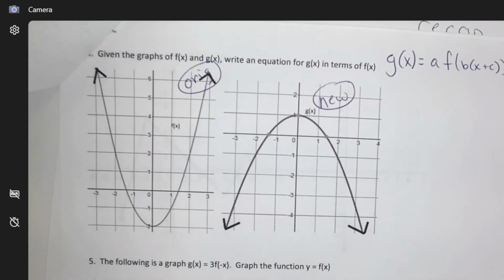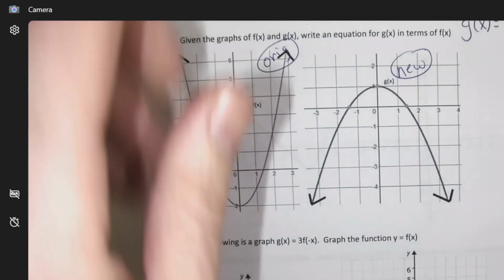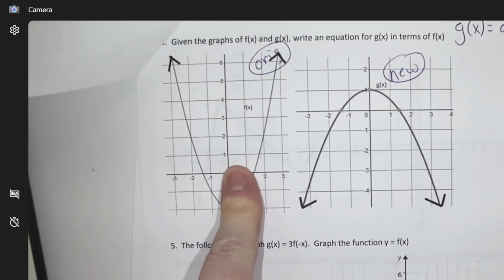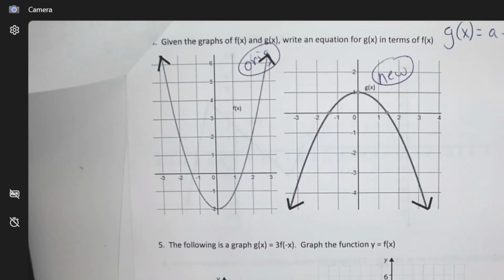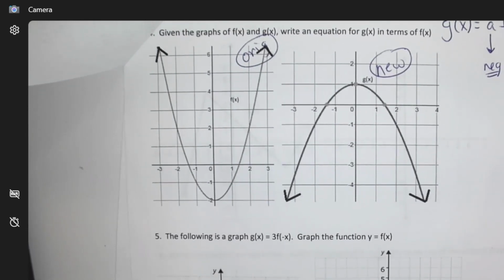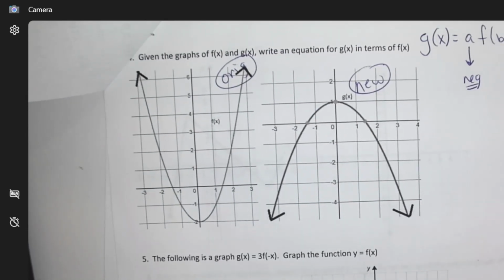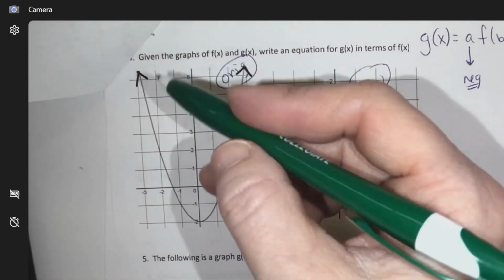Okay, so here's my question for you. Looking at f, do you see anything obvious to get to g? And you would probably think of reflections, compressions, and stretches first. Anything jumping out at your eyes right now? Reflection over the x-axis, which is the A. So I'm going to make a note to myself that that has to be negative, and I'm going to do that.